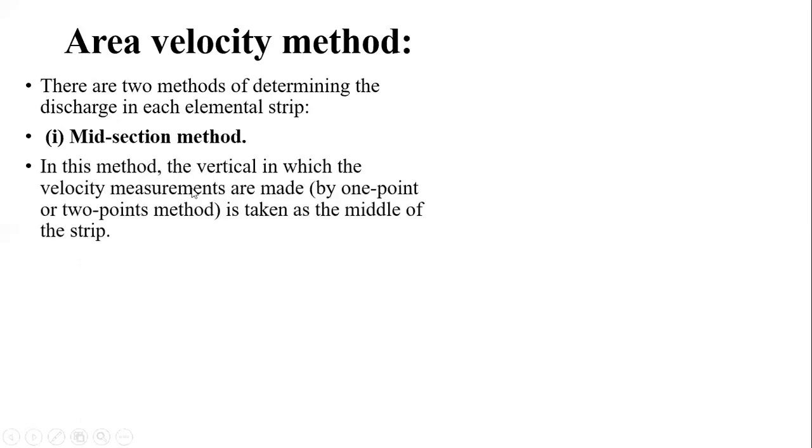Mid section method में क्या किया जाता है? In this method, the vertical in which the velocity measurements are carried out is taken at the middle of the strip. यानी कि क्या रहता है? I will discuss with the help of a board. Suppose that this is our river stretch, and this is the water surface.